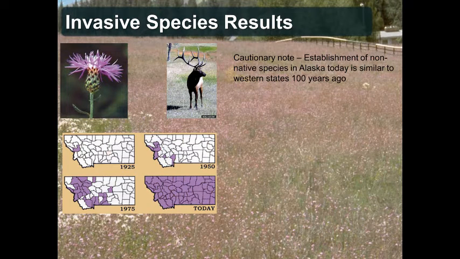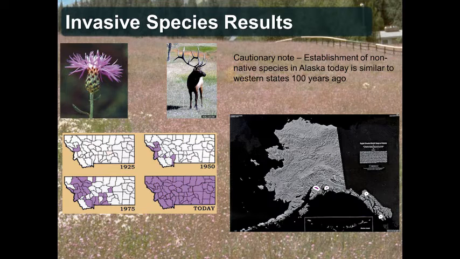And also, if we think about what the situation in Alaska as a whole is like, it's very similar to a lot of western states roughly 100 years ago, right? So Montana in 1925 didn't really think it had much of a spotted knapweed problem. Spotted knapweed is really bad for foraging habitat for elk. But today, all counties in Montana have infestations of this plant.